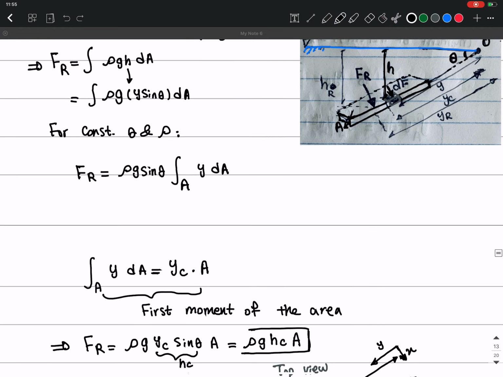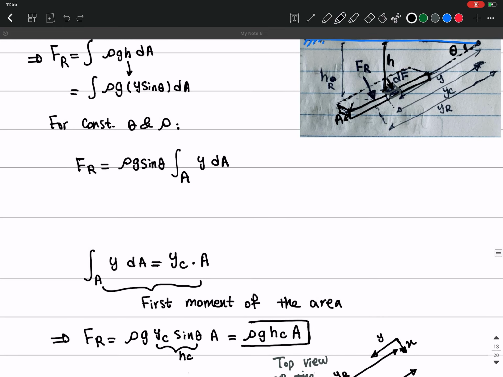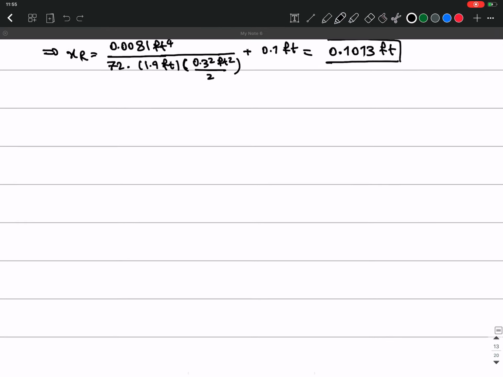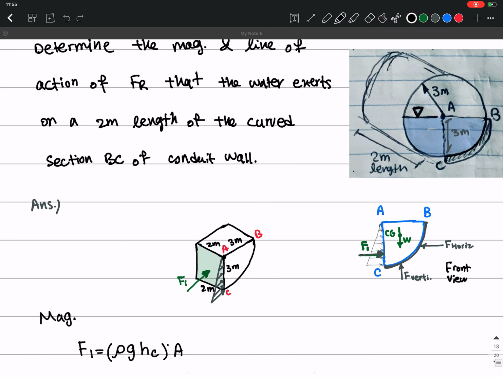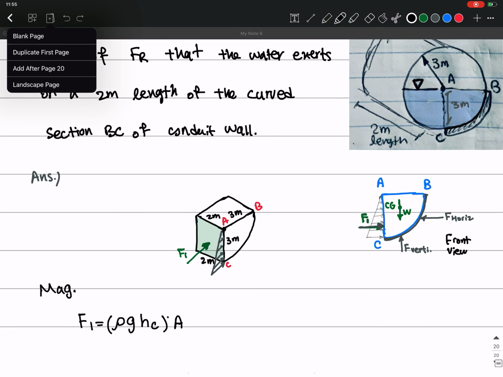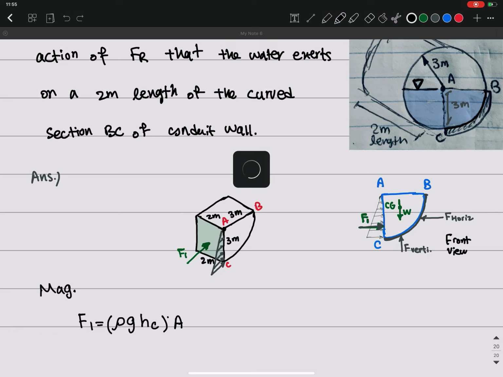It is going to be the center of the area, so in this case it is going to be 1/2 of it. Let me show it.